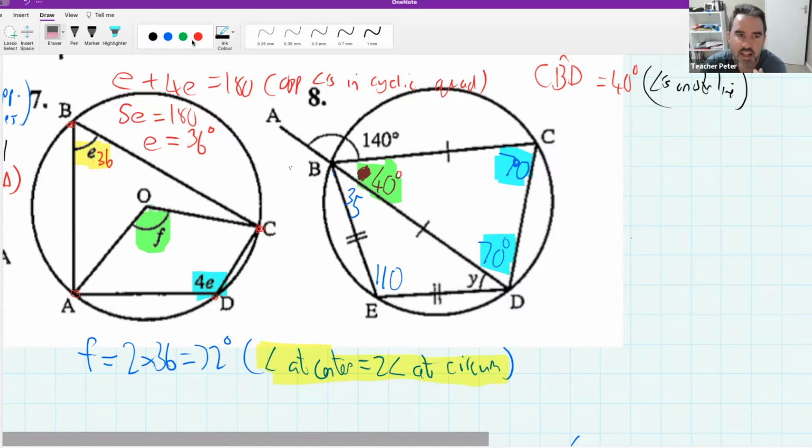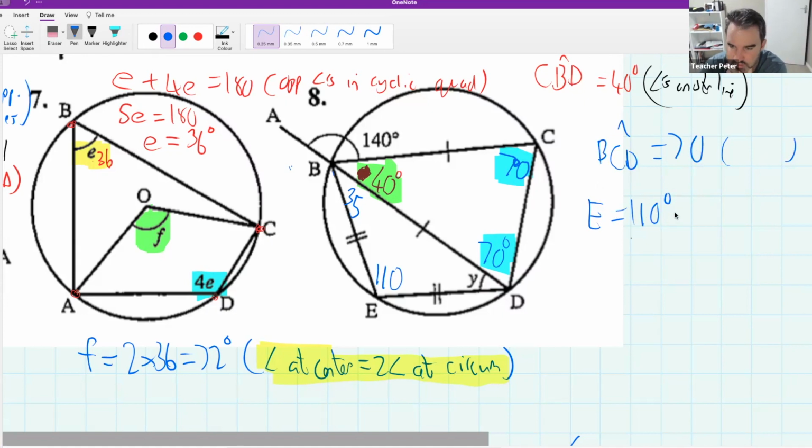So that's fine. Then I said that angle BCD is 70, and that was where I used the two reasons. And then we can say angle E is equal to 110 degrees, and that's going to be opposite angles cyclic quad.